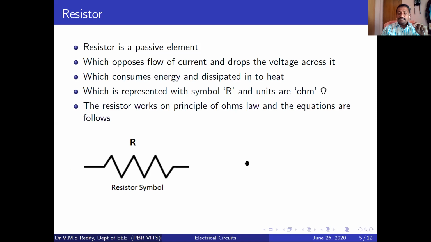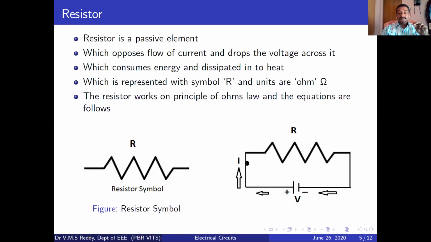Then when we connect this resistor with an active element, the active element immediately allows current to flow through this resistor and drops voltage across the resistor, and it also limits the magnitude of the current.